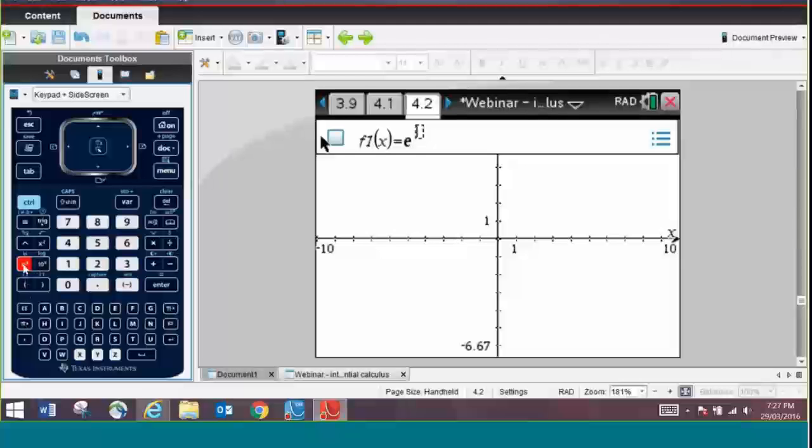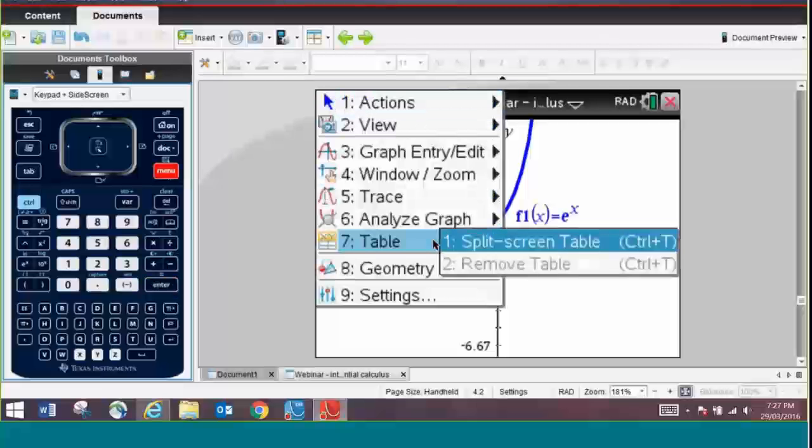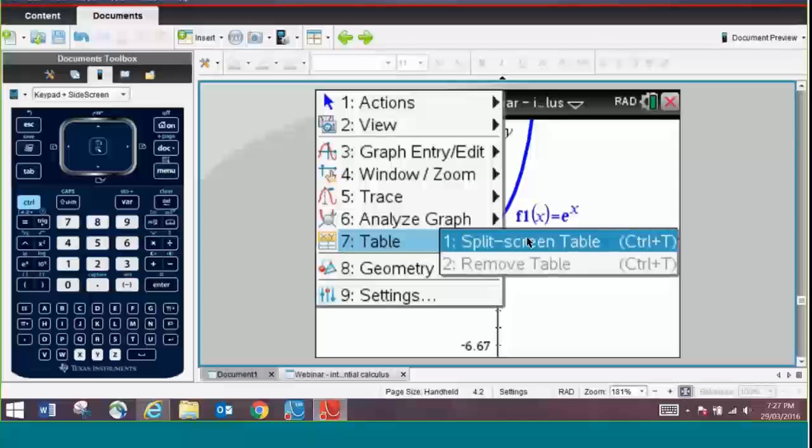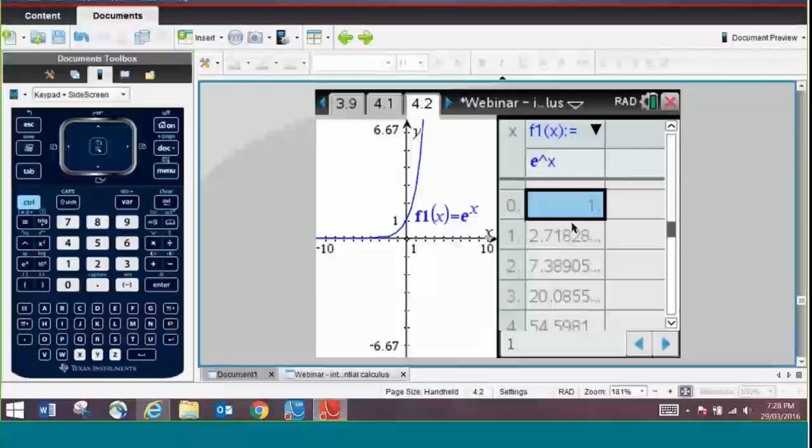There is also another E. Don't use the alphabet, that doesn't work. So if I enter that, and then if I go to table, and I can split screen my table, and so I can see the values here of all of the e to the x, and generally speaking it'll start close to 0.